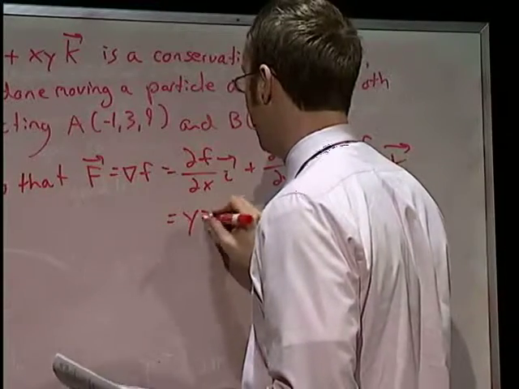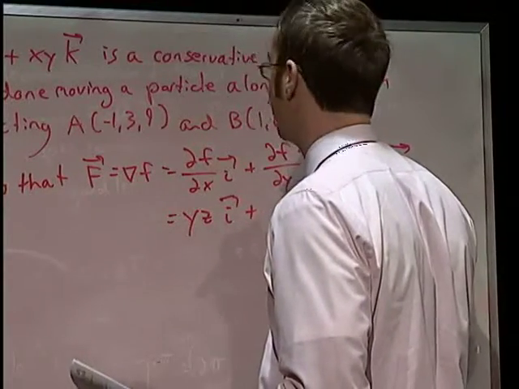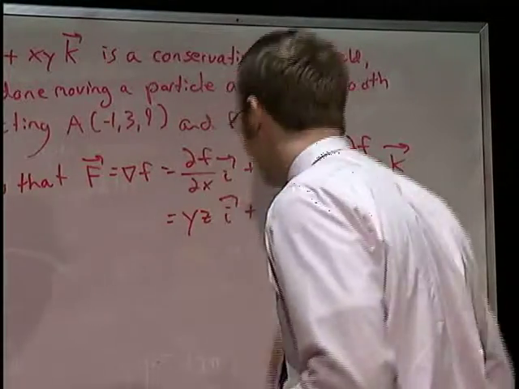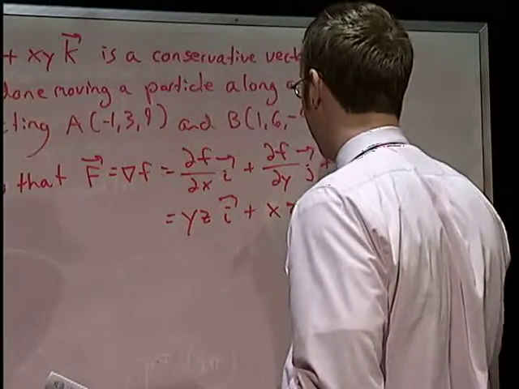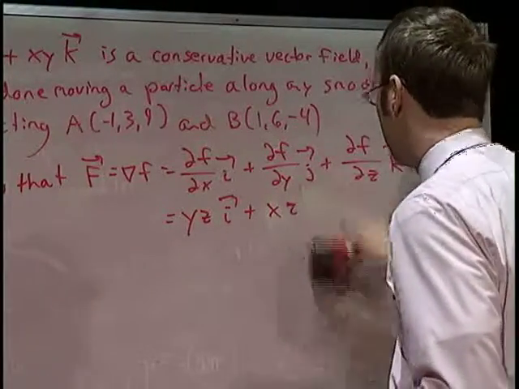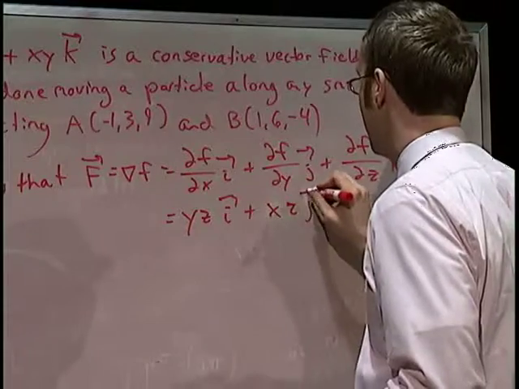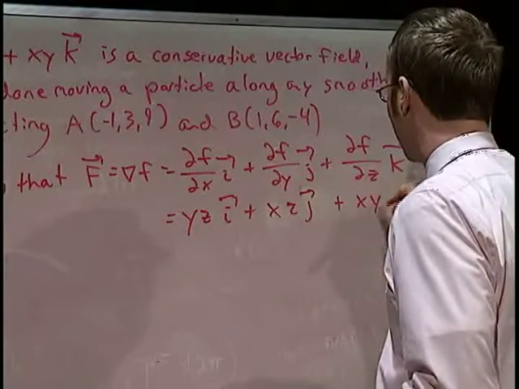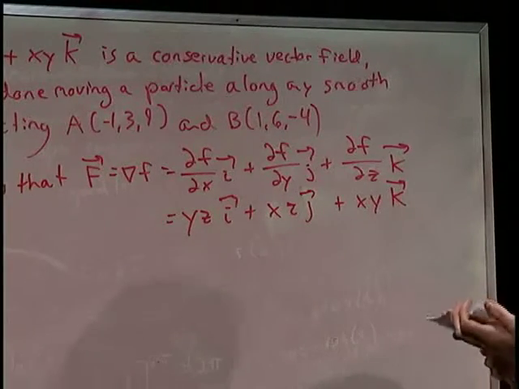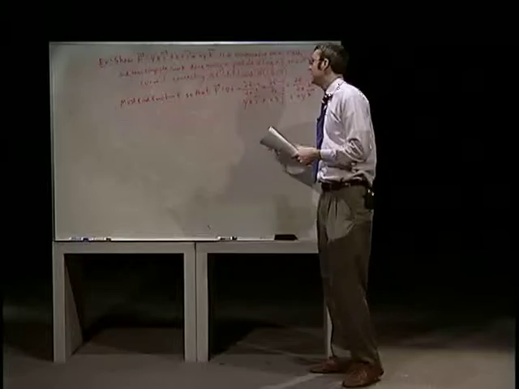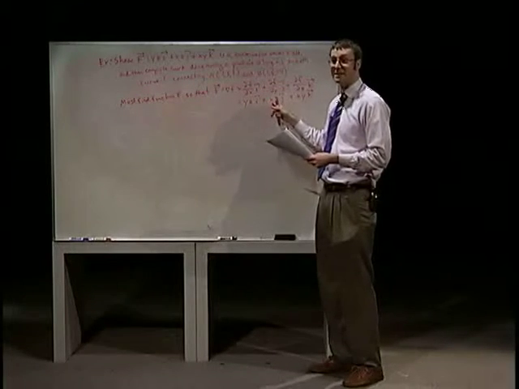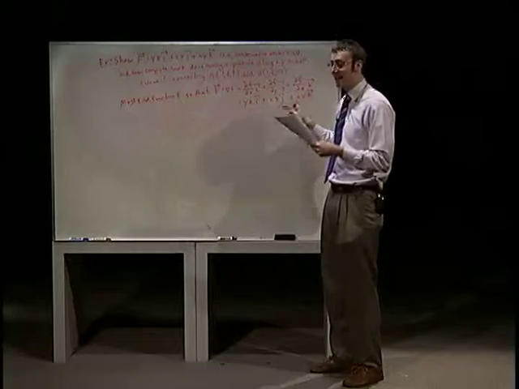And our F is yz i plus xz j plus xy k. So we want a function such that partial f partial x is this, partial f partial y is this, and partial f partial z is that.